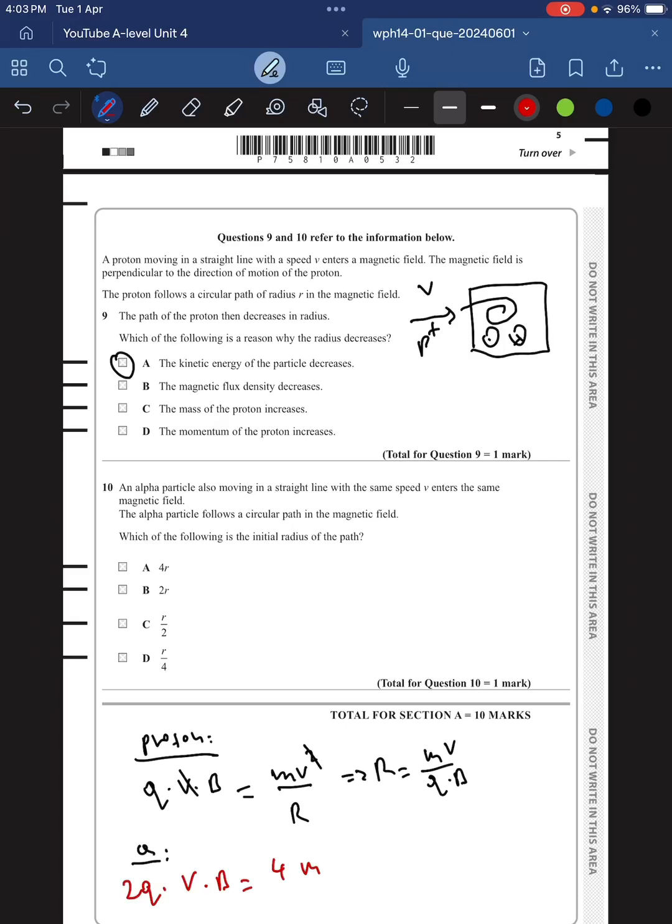Because we have 2 protons and 2 neutrons. So that's going to be mv squared over r. This v cancels. If we solve for the radius, we can cancel these 2, and we find 2 times m times v. Let's call this r prime because it's that of the alpha particle. So it's 2 times mv over qB, which is 2 times r. So the correct answer is B.